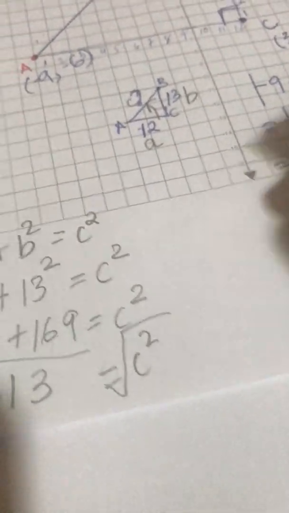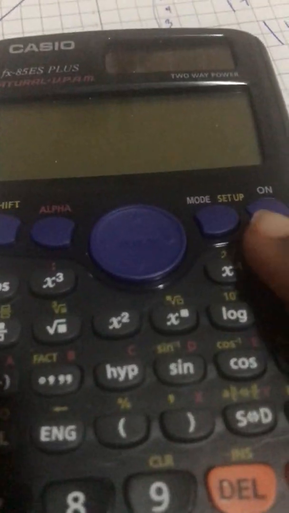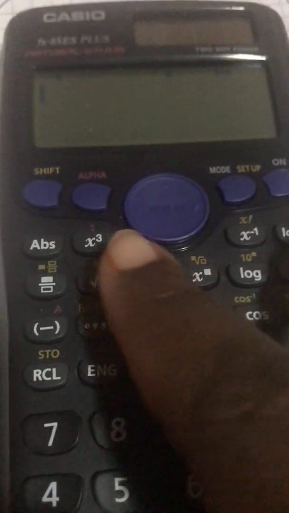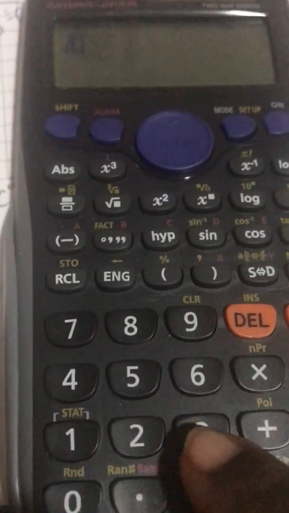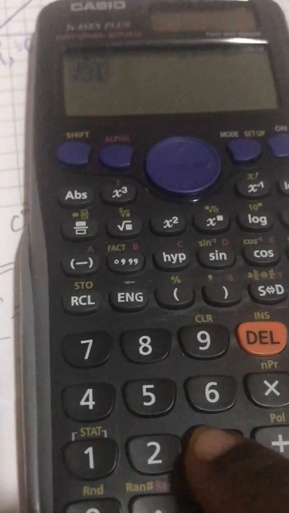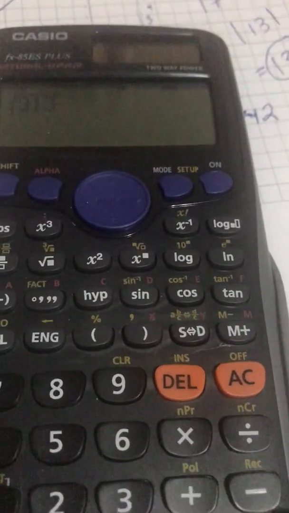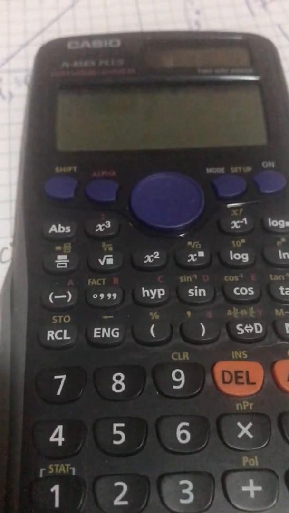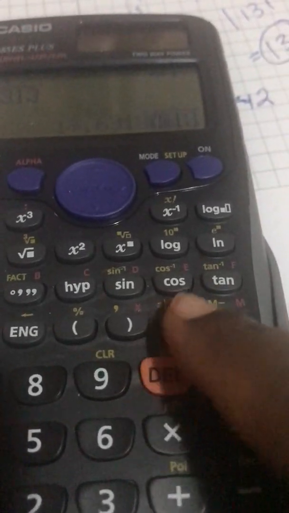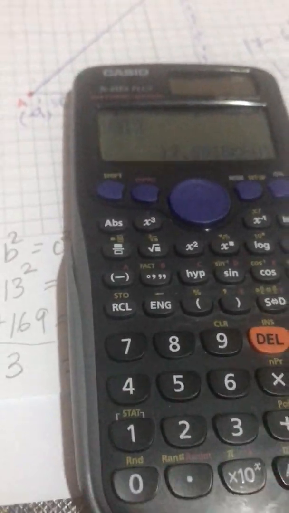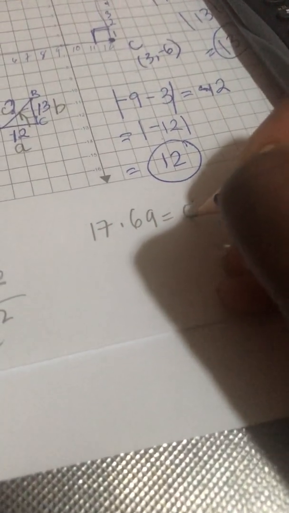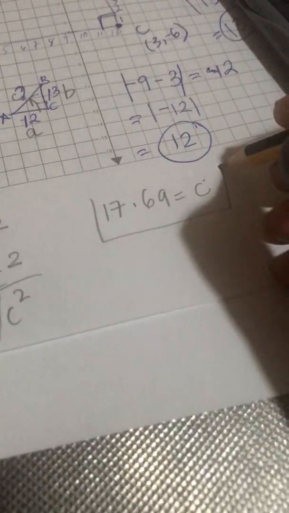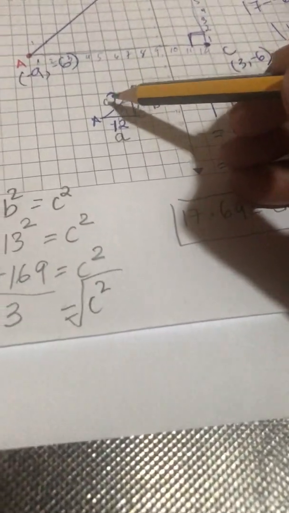So the square root of 313 will give me a decimal because it's not a perfect square. 17.69. So 17.69 equals C.